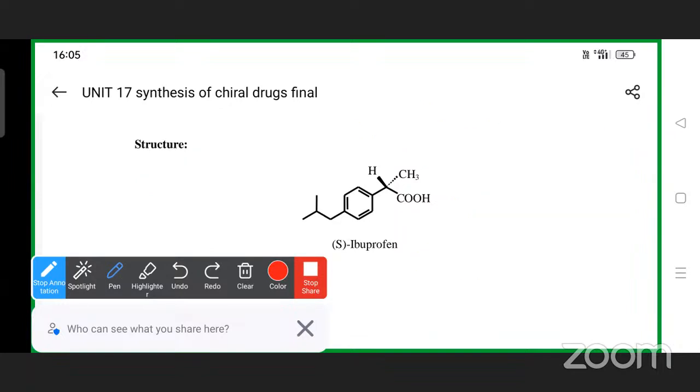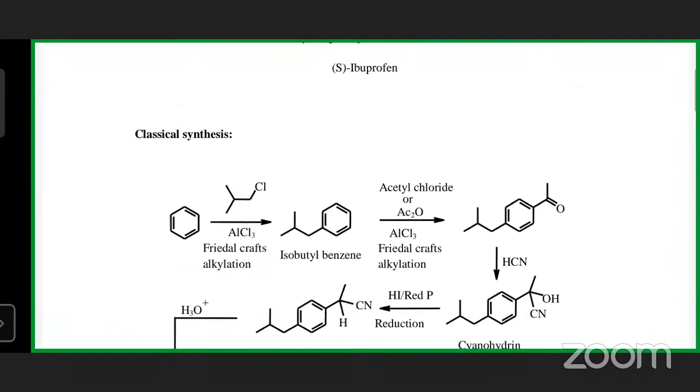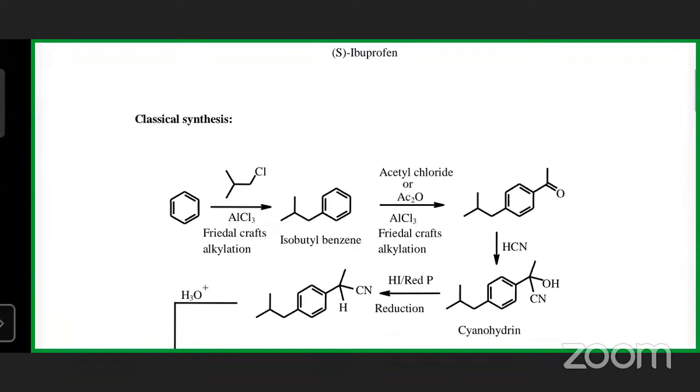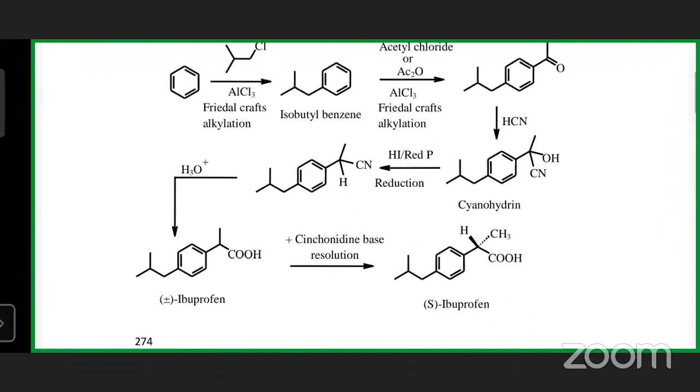You get the racemic mixture, and from that you have to separate by resolution. It is a tedious method, some difficulty will be there, and the yield will be less because some compound will be lost in the workup process.